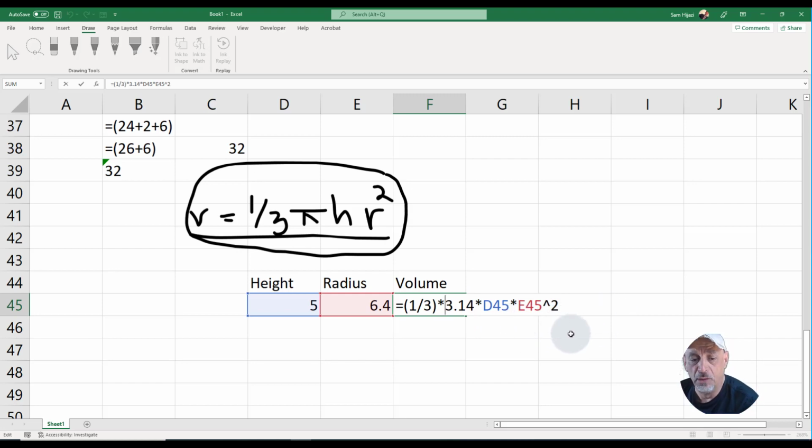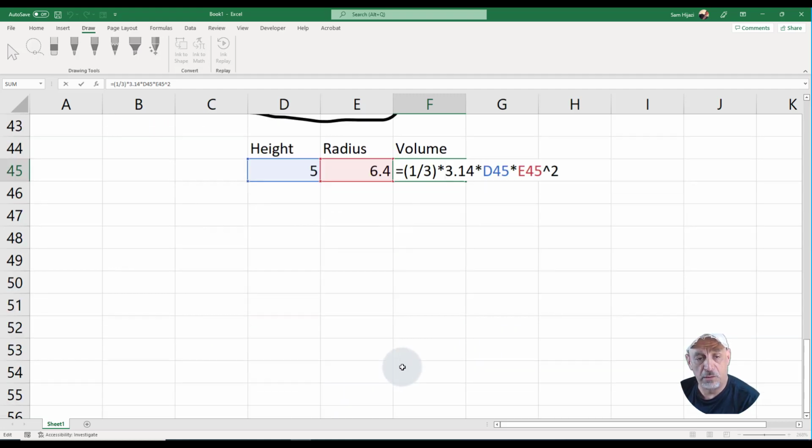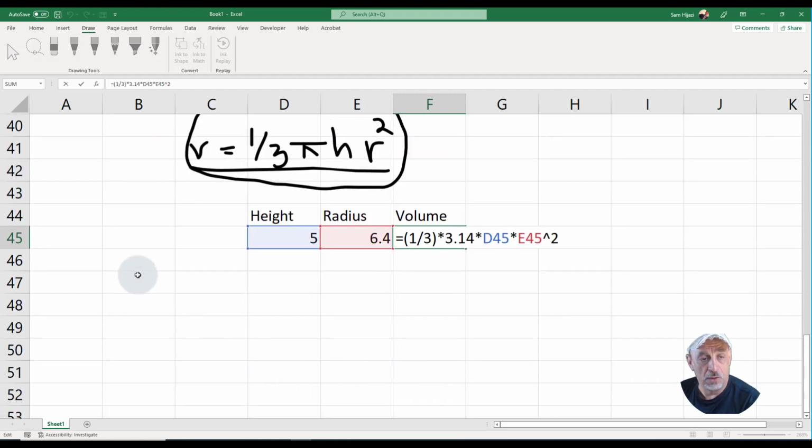Let's make it a little bit more challenging. Let's assume I have another example where we're going to be a lot more involved.